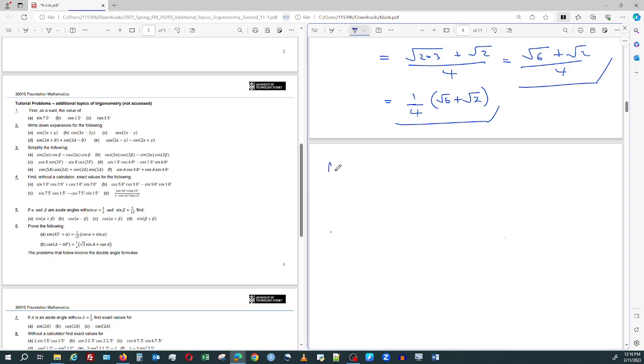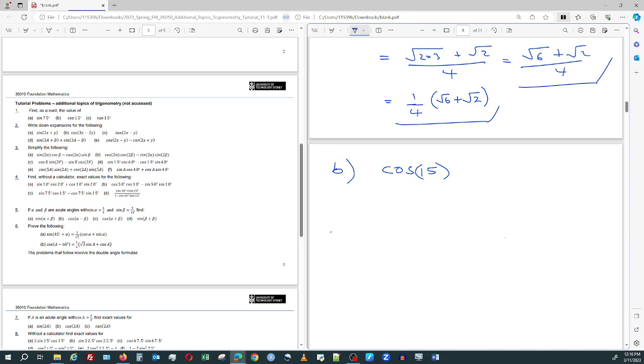1B, so, well, 1B, I don't know what I'm doing there. What am I thinking about? B is cos 15. How would we get to cos 15 degrees? Well, it turns out that we might be looking for a difference.